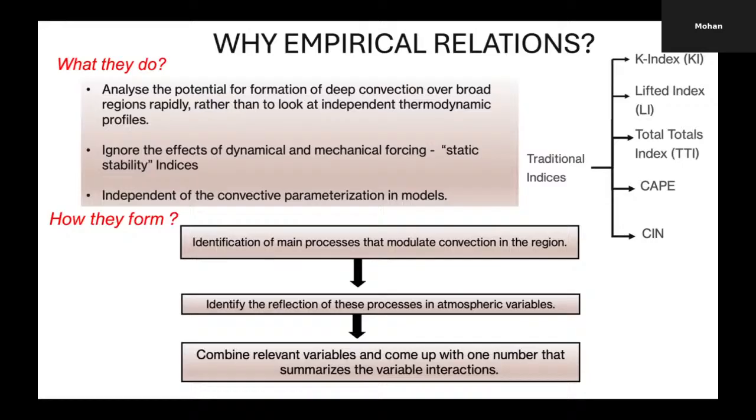Based on that, we have different kinds of empirical relations in the atmosphere, like the K index, lifted index, total totals and CAPE. I am just mentioning a few. These are all empirical relations that quantify the amount of instability in the atmosphere. There are advanced indices nowadays too, so I am not going into them. But all these indices are useful only to quantify the convection.